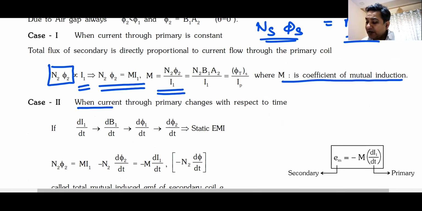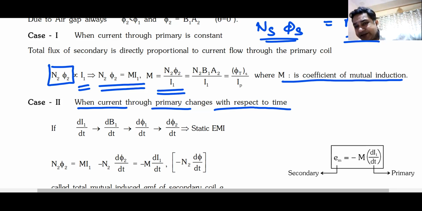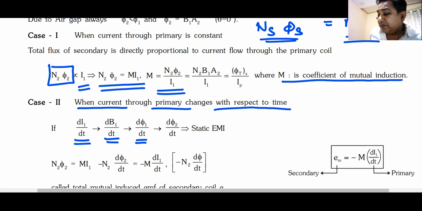Now, if the current in the primary is changing with time, there will be EMF induced in the primary, but that is known as self-induction. We have already done self-induction. What will happen in the secondary? When current in the primary changes, the magnetic field changes. Because of that, flux in the primary changes. Because of this flux change in the primary, the flux in the secondary also changes.